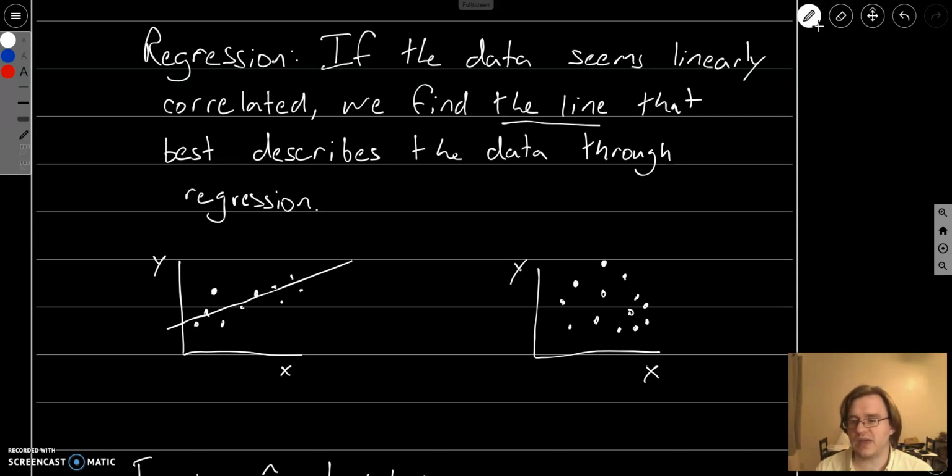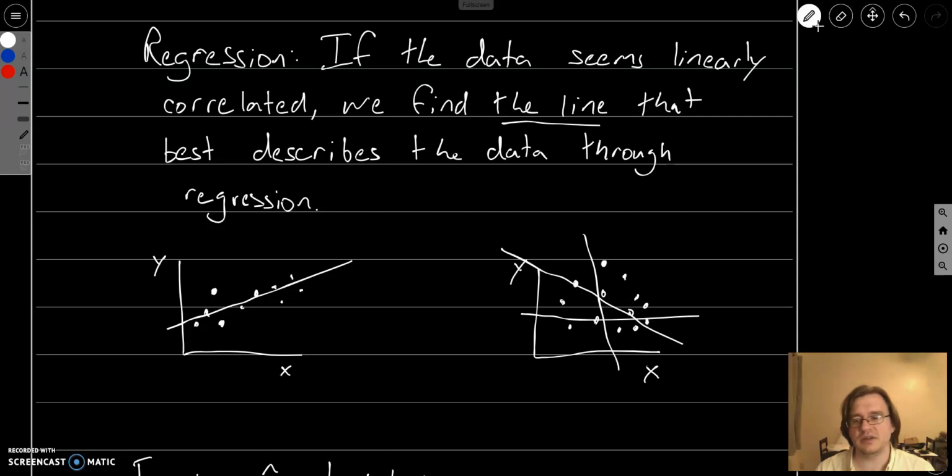It's not perfect. We have data points that occur off of the line, but everything seems pretty close. In data that's not correlated, it's hard to draw a line. Is the line something like that? Well, maybe, but it might also be something like this, or even steeper. Choosing a line doesn't really work.